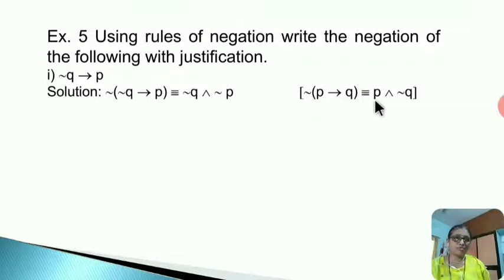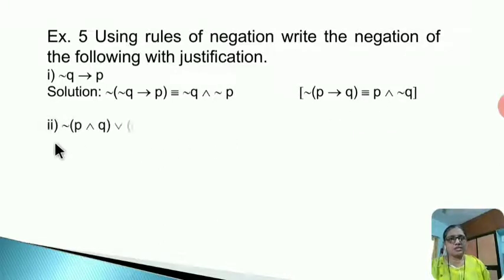If we compare with this, here P is negation Q and Q is P. And so the negation of negation Q implies P is negation Q and negation P. This is the justification. I write here justification in square brackets.